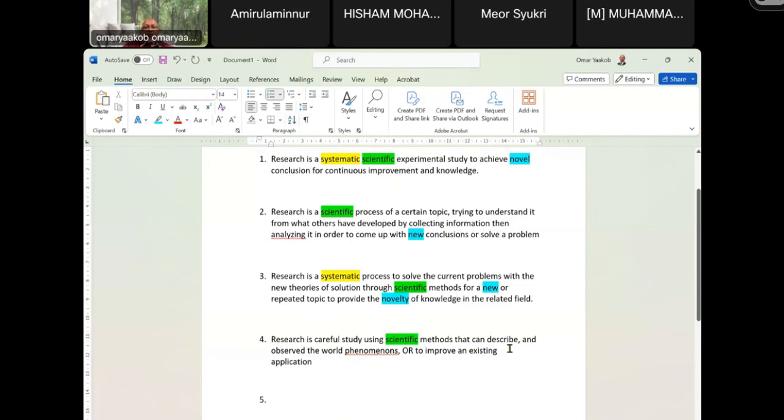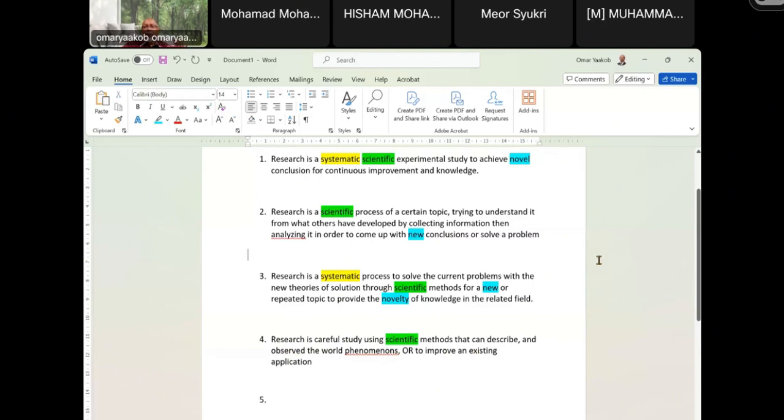Improve. Observe or observation. It's not mentioned in any other, but it's very interesting.